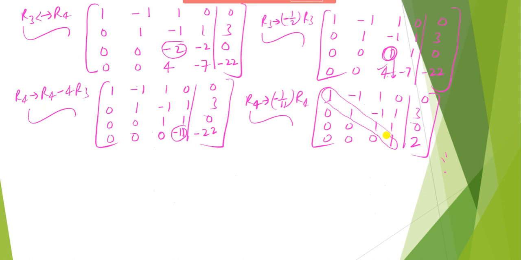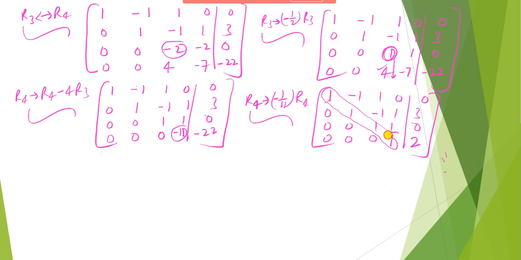When we apply the forward row elementary operation, the matrix converts into the upper triangular form. Now we perform the backward row elementary operation, then this upper triangular matrix is converted into the diagonal form. Now perform the row elementary operation.